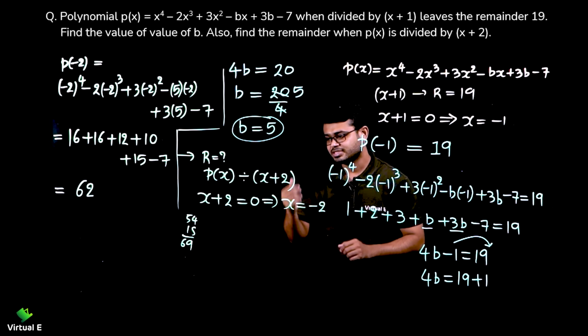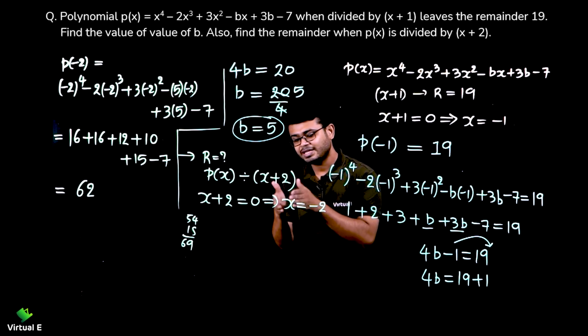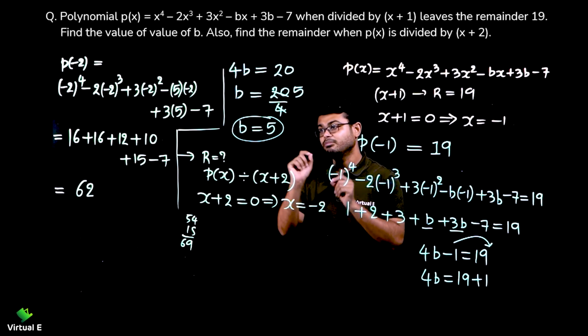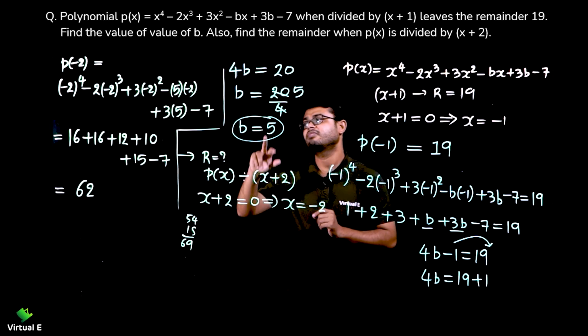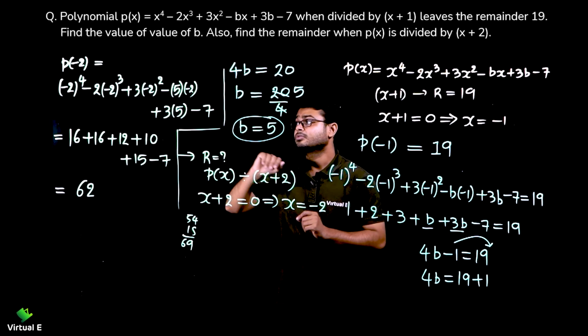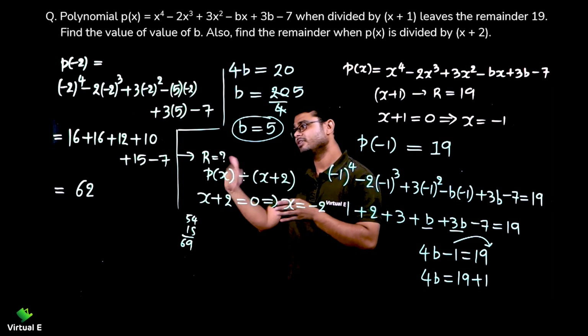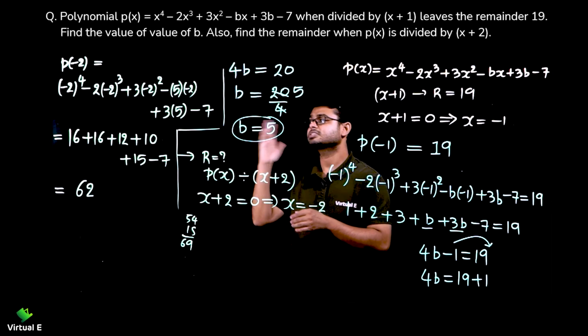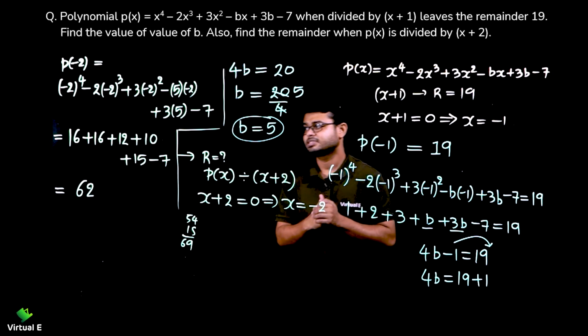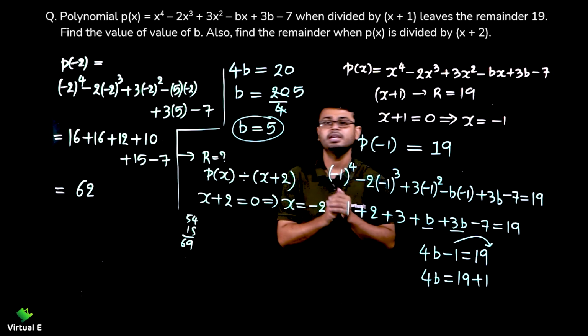So we need to repeat the steps, but this time with x is equal to minus 2. And one more important fact, we need to put the value of b is equal to 5 into the polynomial. Otherwise we'll get the answer in terms of b. Better you start substituting at the first step itself. So this is how we deal with the unknown.